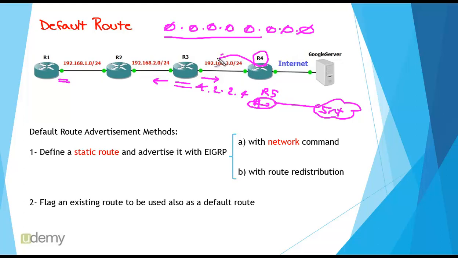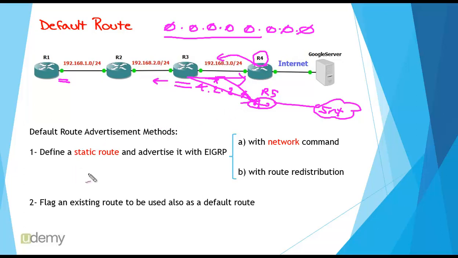Now it's the other routers' decision to use router 4 or router 5 as their default route based on the metrics, and they choose the nearest router. So remember that if you have 2 or more internet edge routers, you could advertise the default route on all of them. But how could we advertise a default route with EIGRP?